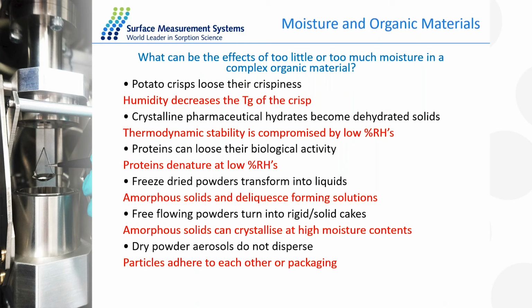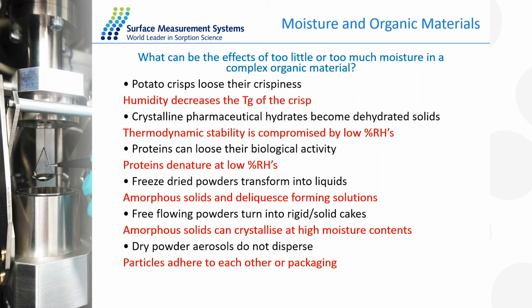With regards to crystalline pharmaceuticals, hydrates can become dehydrated, and thermodynamic stability is compromised at low relative humidities. Similarly, with proteins, at low RH, they can denature and lose their biological activity. With regards to freeze-dried powders, they can transform into liquids and maybe form amorphous solids and deliquescence-forming solutions.